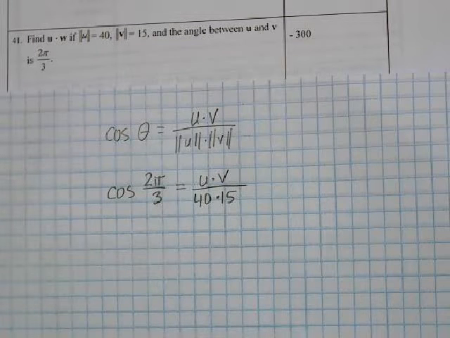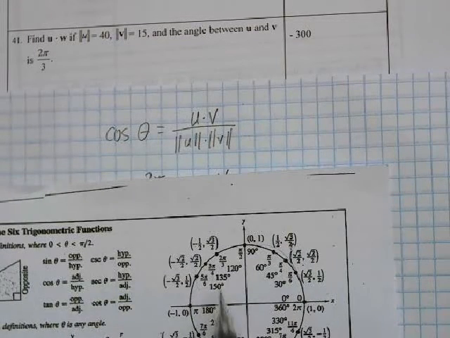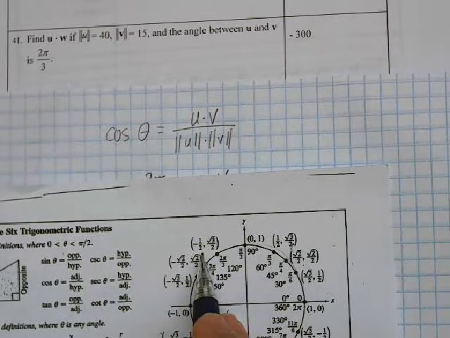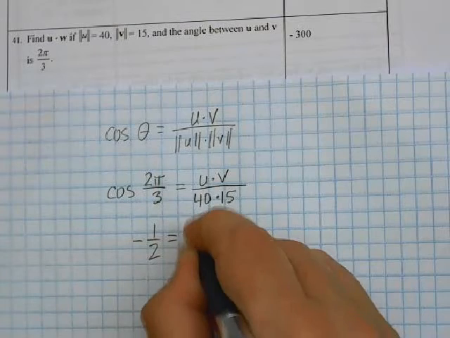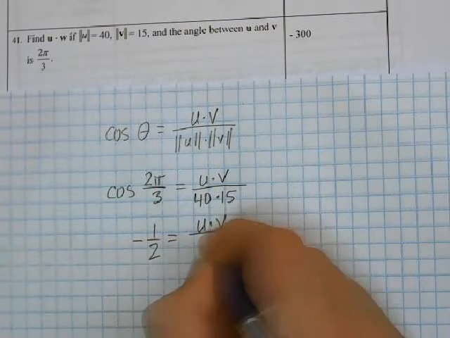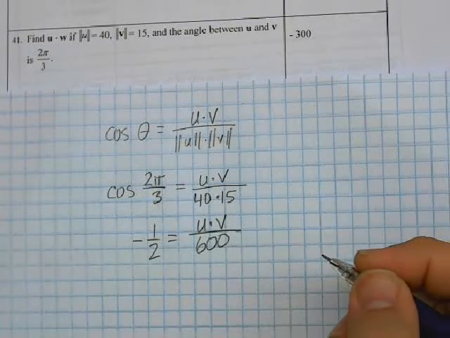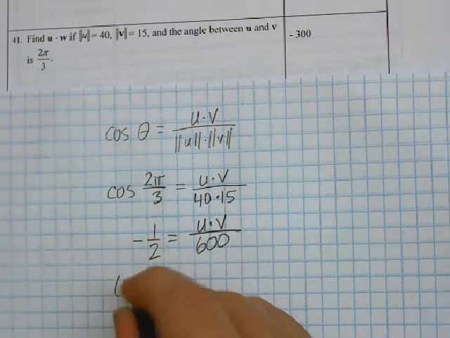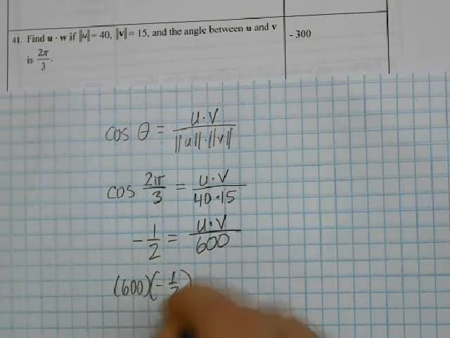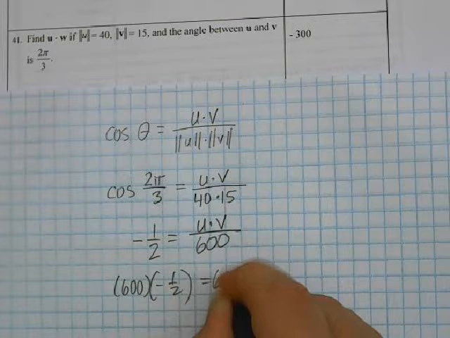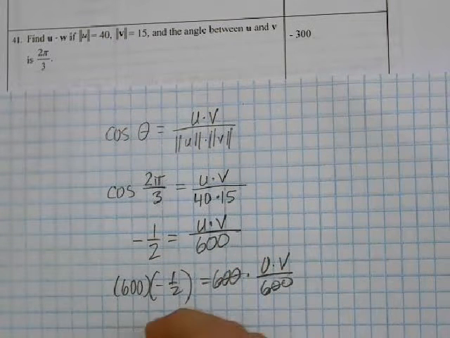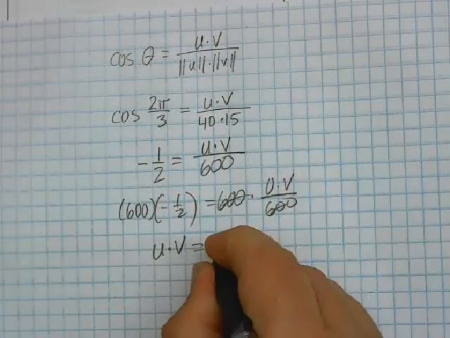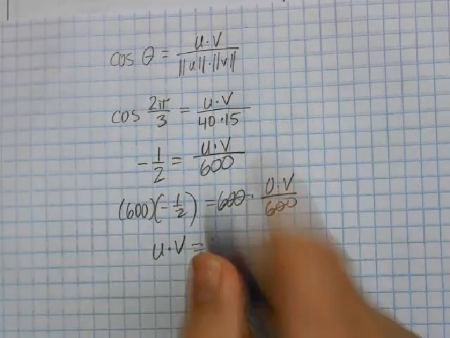Well, if you don't know, from our unit circle, 2 pi over 3, cosine is negative 1/2. So negative 1/2 equals u dot v over 600. So we'll multiply both sides by 600, and the dot product is equal to negative 300.